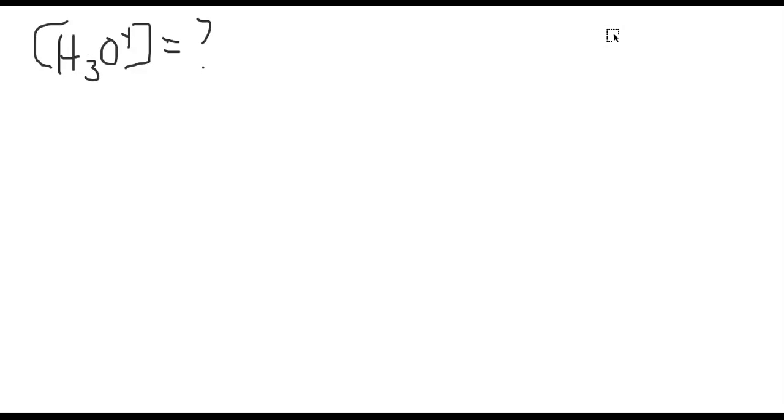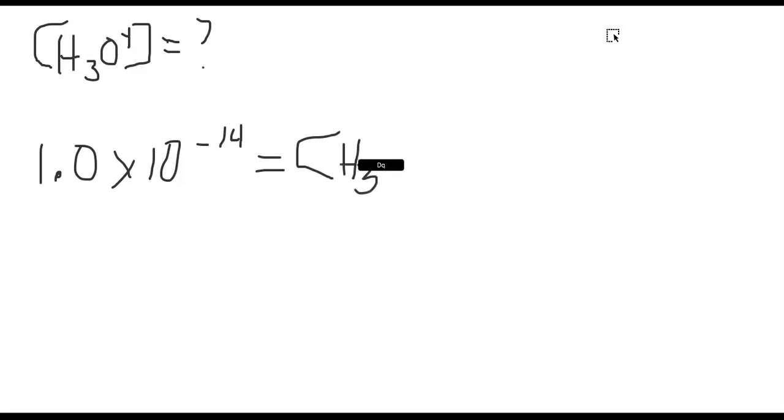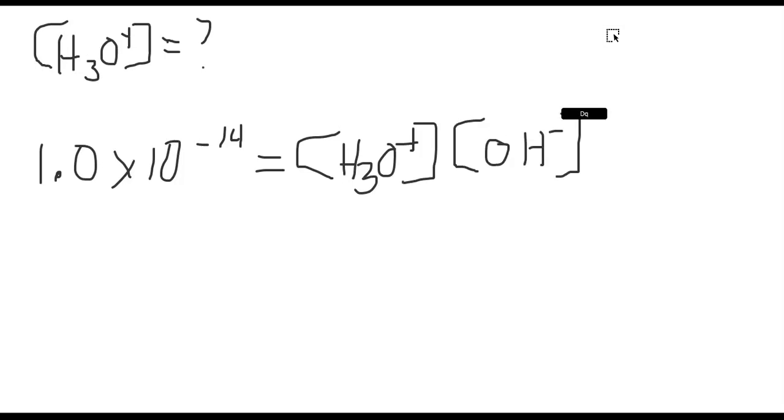is Keq, so it's going to be 1.0 times 10 to the negative 14 is equal to the concentration of H3O plus times the concentration of OH minus. Okay, so in this case, the question is asking us to solve for H3O plus.